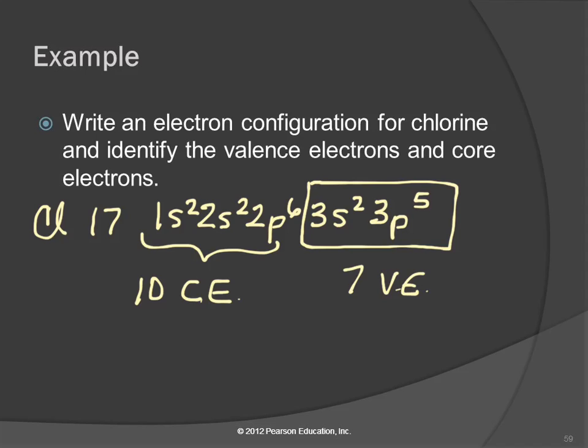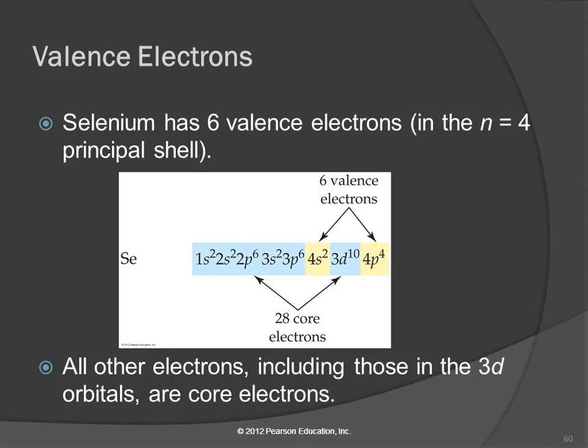This shows us where this concept of valence electron comes from. We can actually figure out the number of valence electrons just by looking at the periodic table. Let's look at selenium. Selenium's a little more complicated because it's got some 3d electrons in there as well.